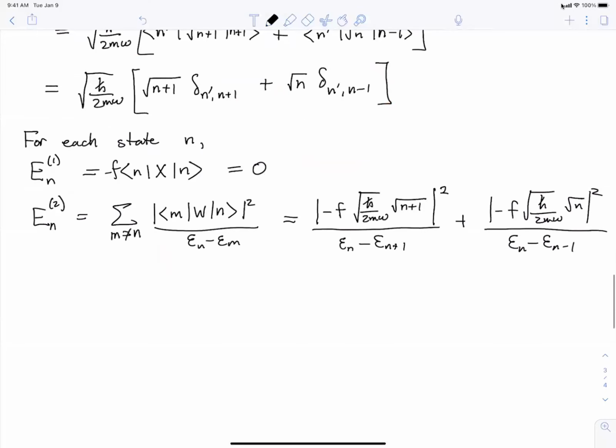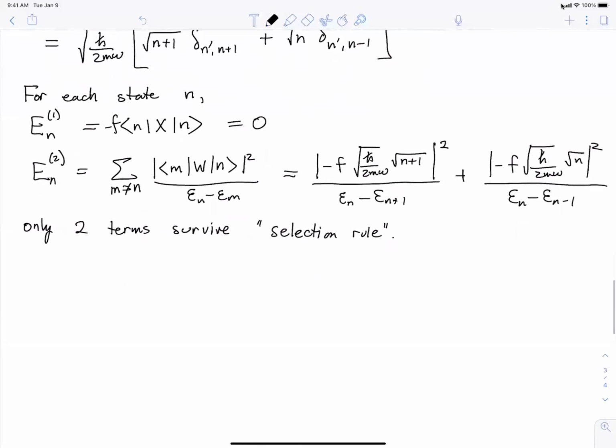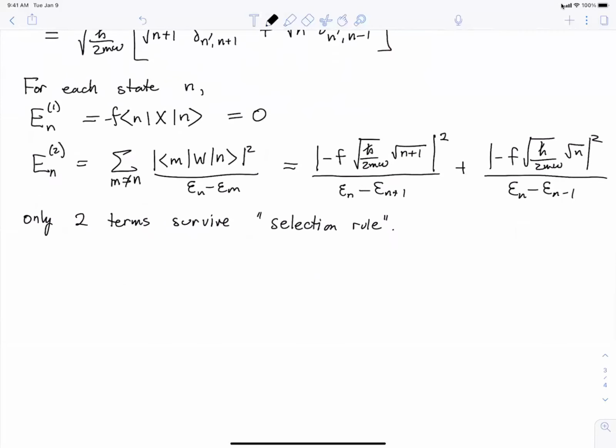Okay, so only 2 terms survive. This is generally known as a selection rule. Selection rules are just when matrix elements vanish, in many cases for lots of different situations. And we also need to worry about the denominators.